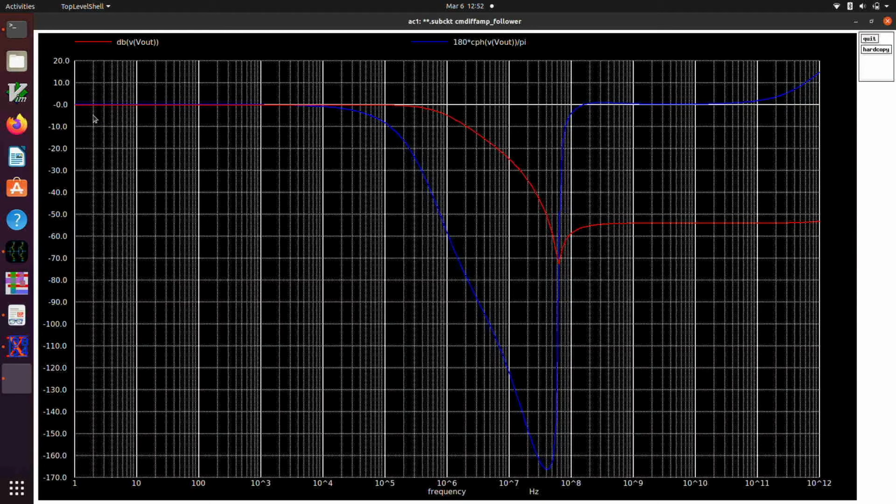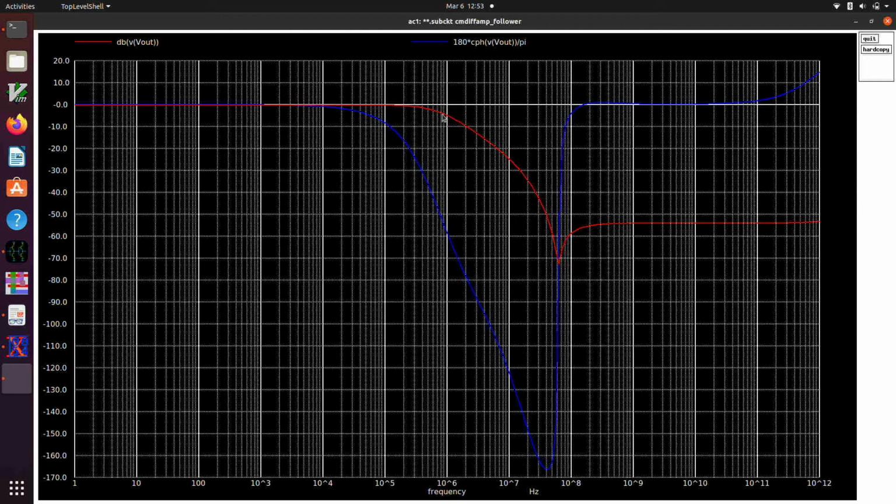But we have here the magnitude is 0 dBs, which we expect for a unity gain follower out to some frequency, and the negative 3 dB frequency here appears to be a little bit shy of 1 megahertz, maybe it's 800 kilohertz or something, a little hard to say, 700 kilohertz.